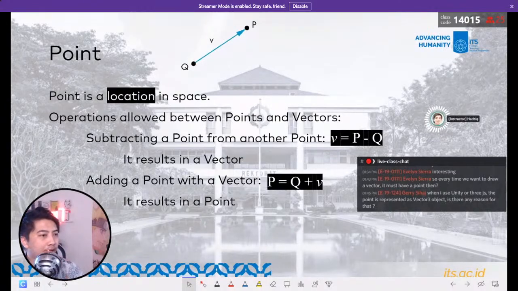Gary asked a question. When I use Unity or Three.js, the point is represented as a Vector3 object. Is there any reason for that? That's just to simplify the representation, because when we talk about the vertex, we do not clash the vertex as a position with some other vectors discourse.